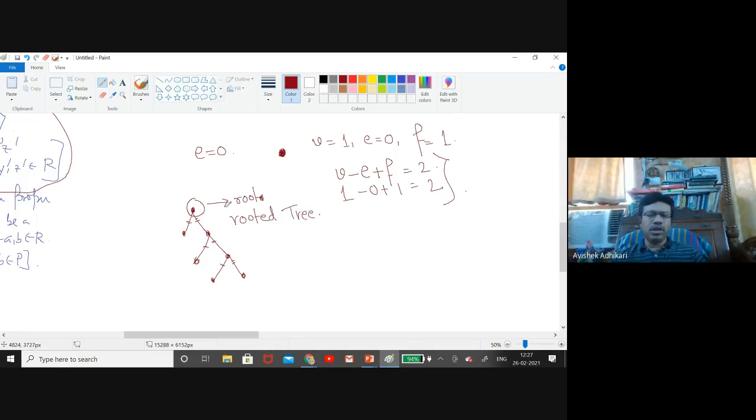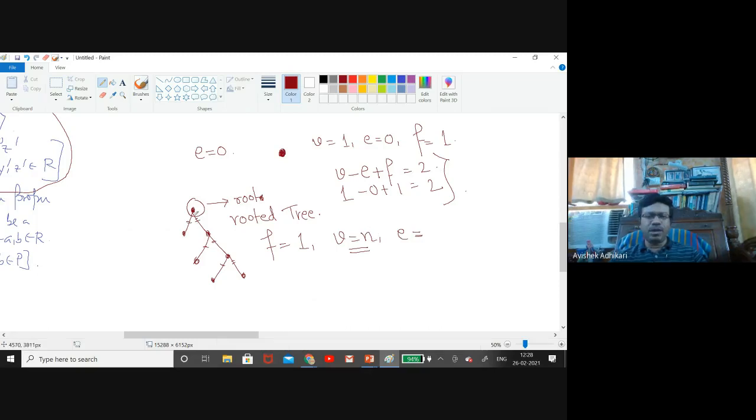If your graph is any tree, then what will happen? How many regions, or f, are there? f is basically the unbounded region. That means f is 1. If the number of vertices is n, then in our last class we have already seen what the value of e would be. How many edges will be there in a tree with n vertices?